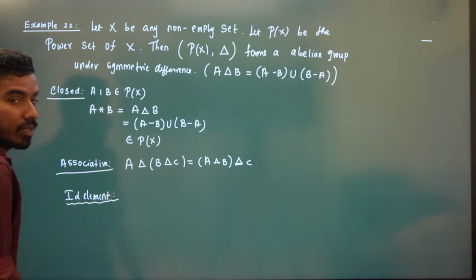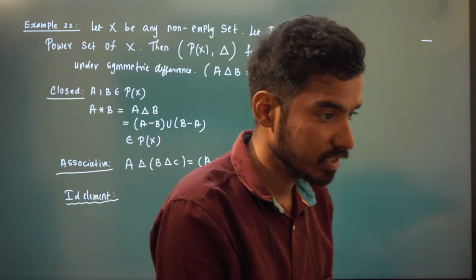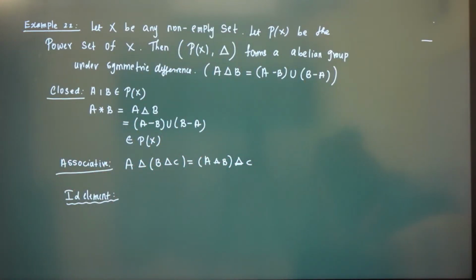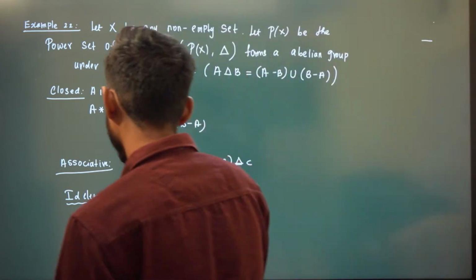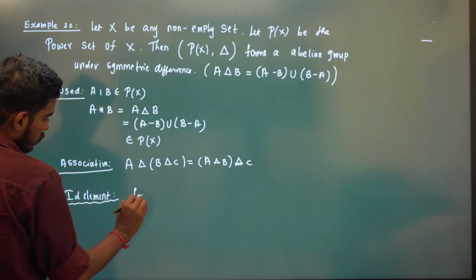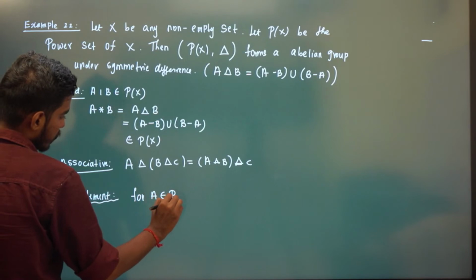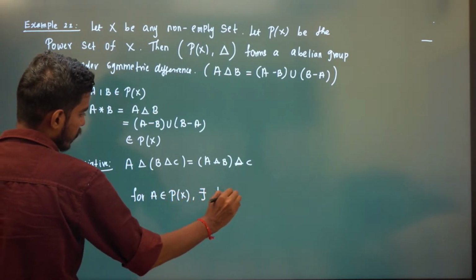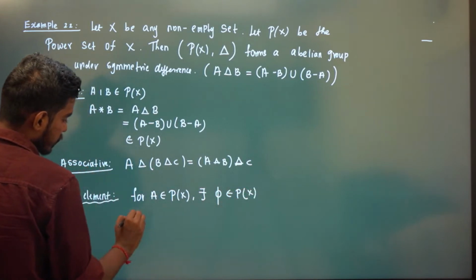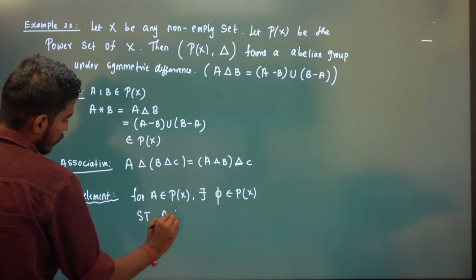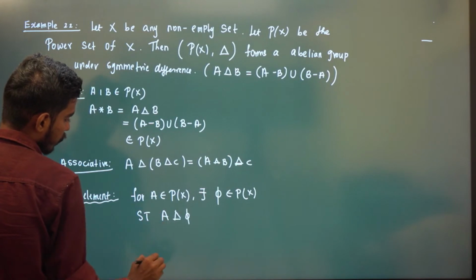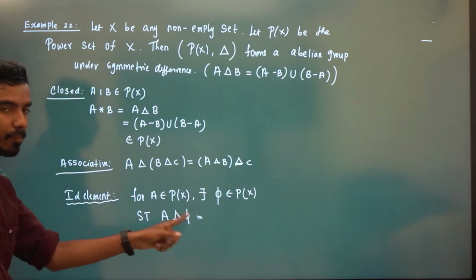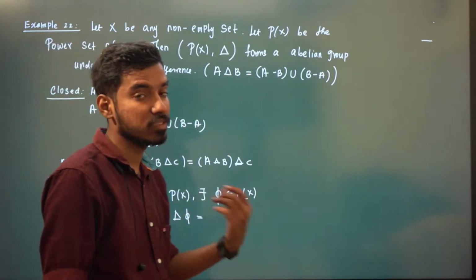And what about the identity element? What is the identity element for this set? The empty set will be the identity element, right? For A belonging to the power set of X, there exists an empty set in the power set of X such that if you perform the operation with it, this is a multiplication, it's symmetric difference.